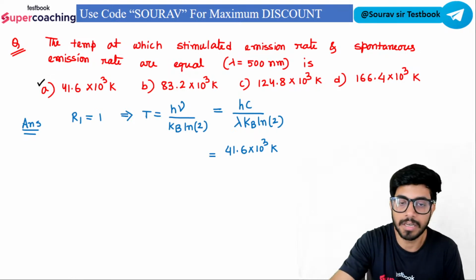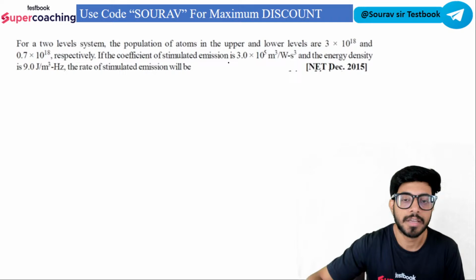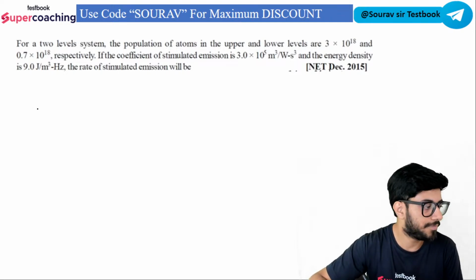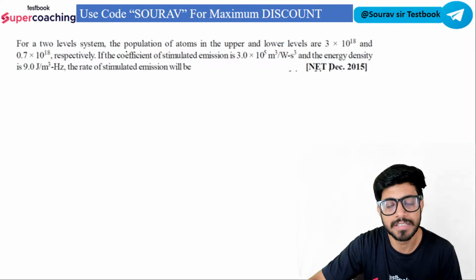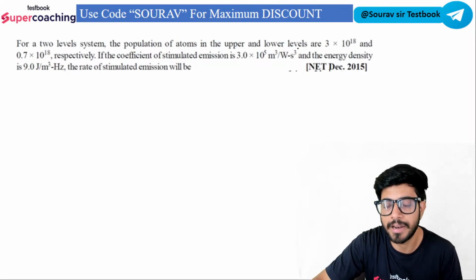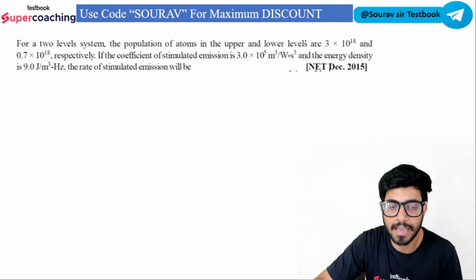After this, there is a question. इस क्वेश्चन को पढ़िए, फिर इसका आंसर कीजिए। क्या बोला गया है सवाल में? For a two-level system, the population of atoms in the upper and lower levels are this and this respectively. Upper level में ये है, lower level में ये है.